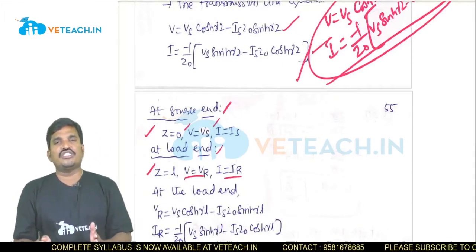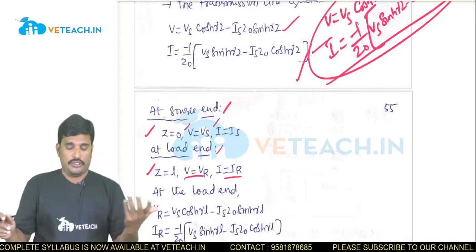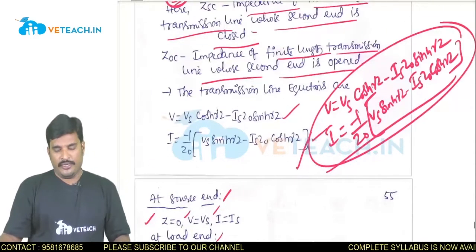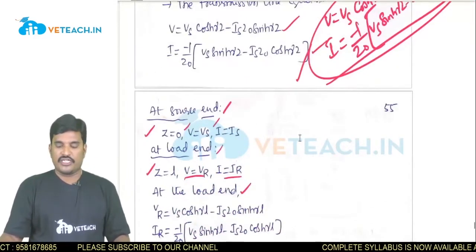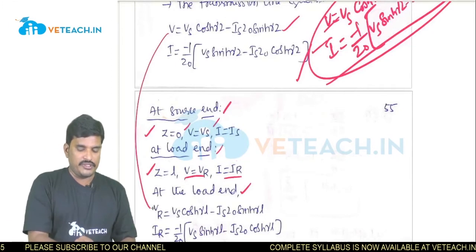These are the conditions of the line at the source end and the load end. So I need to find how the expression becomes at the load end, where V becomes VR.